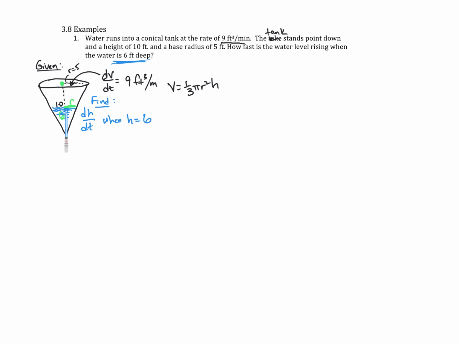Okay, so as the height changes, the radius changes. So if I want to work this out, these two are not constants. So I would need to implicitly differentiate, and I would need to find a dr dt and a dH dt, but I'm not given anything here about a dr dt.